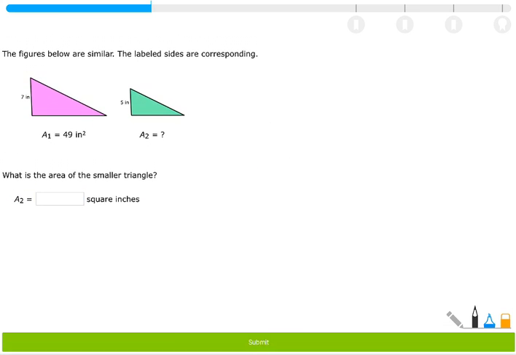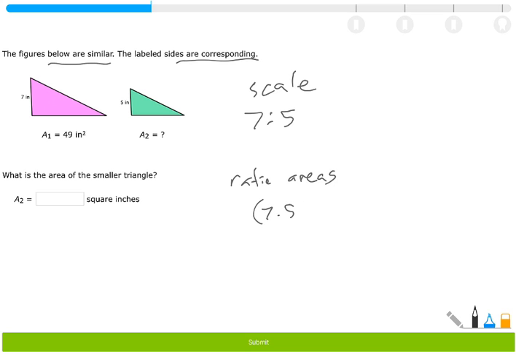Okay, this time it's asking for area. We have two similar figures with corresponding sides. So the scale factor is 7 to 5. So the ratio of the areas is 7 to 5 squared, or 49 to 25.